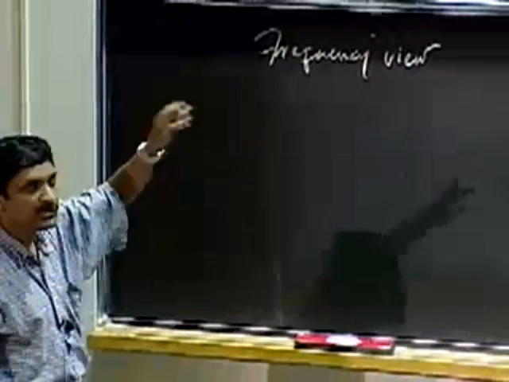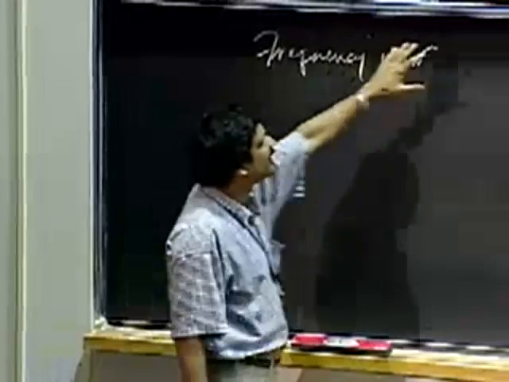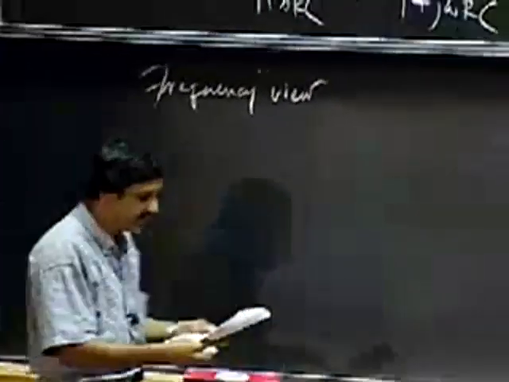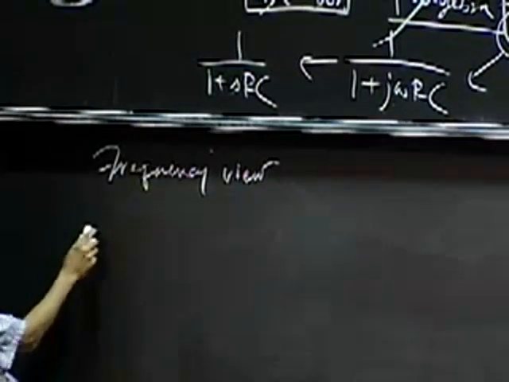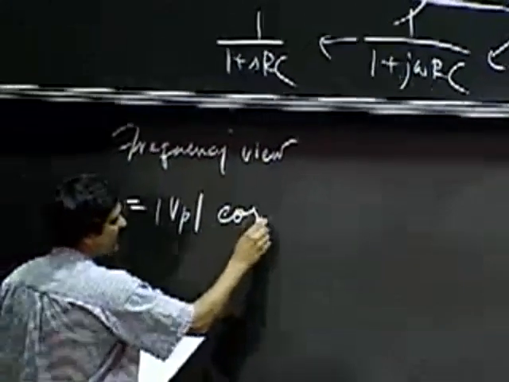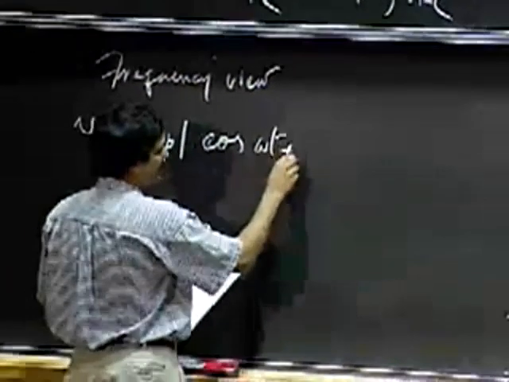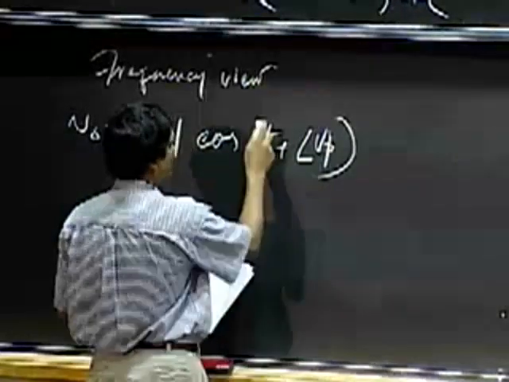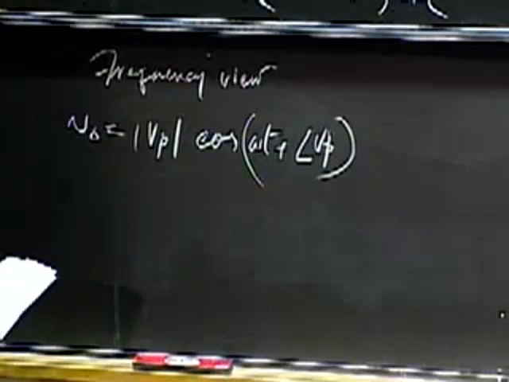So before we jump into the impedance method, I'd just like to plot this function so we can understand a little bit better exactly what is going on. As I mentioned, the output V naught for our circuit was simply Vp cosine of omega t plus angle Vp.